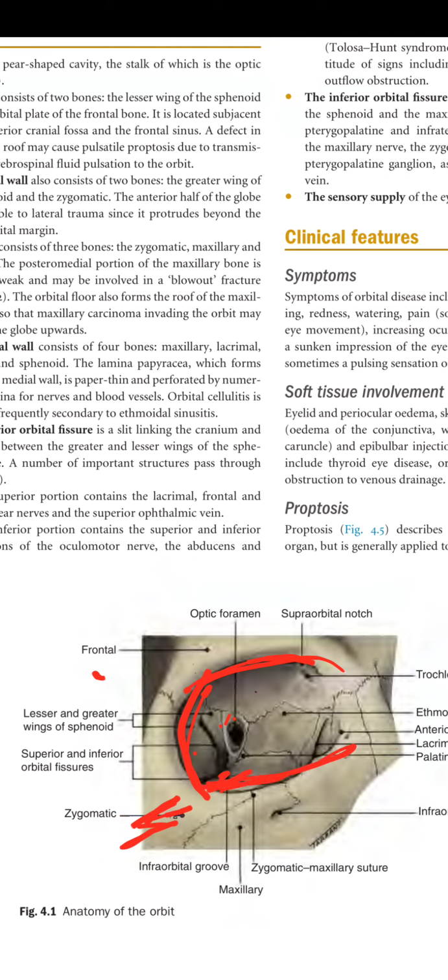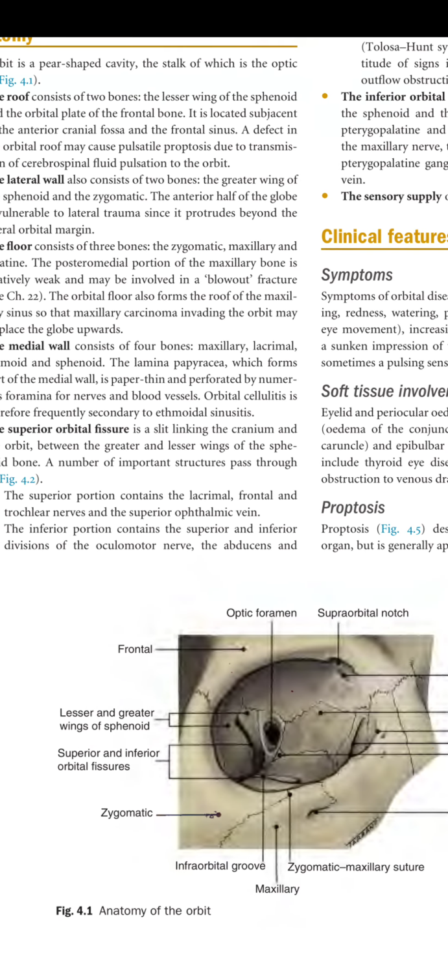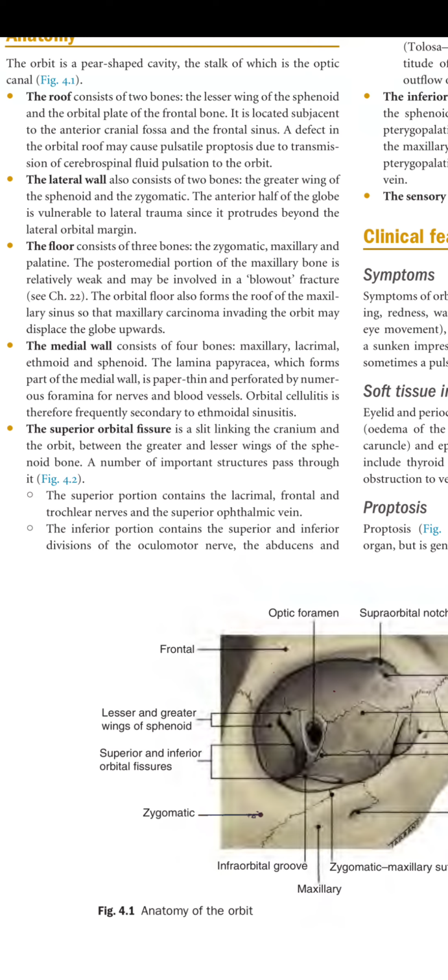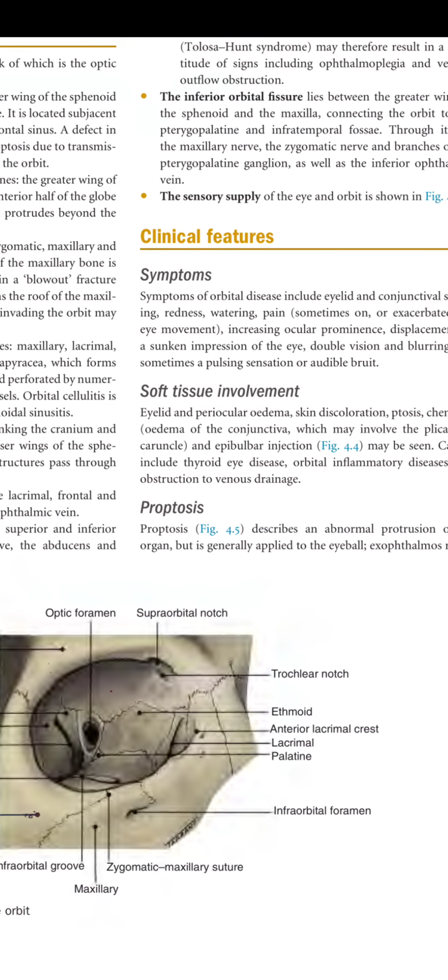Then there is the inferior wall that mainly consists of the maxilla, and the floor is made up of the maxilla, zygomatic and palatine bone, and the medial wall consists of the lacrimal, ethmoid, sphenoid and maxillary bone.